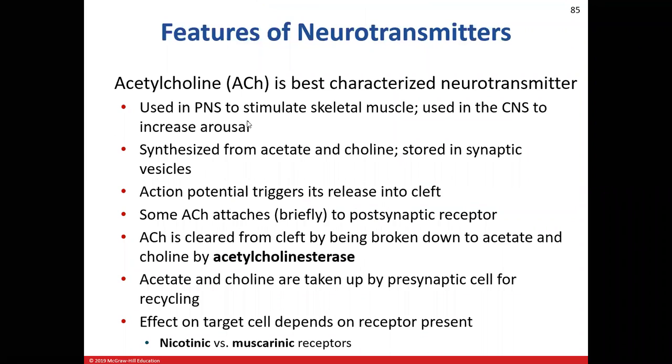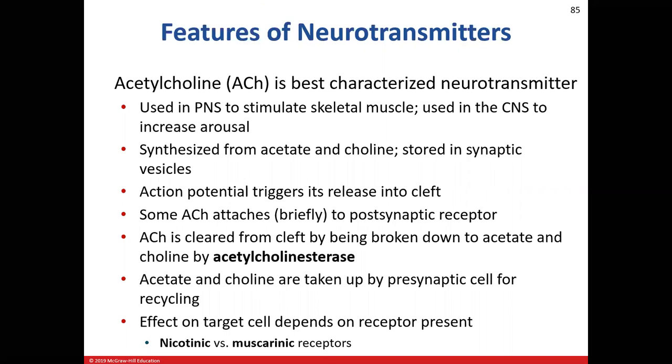Again, we said we'd talk about acetylcholine a little bit more in depth, and it is the best characterized neurotransmitter. Again, we talk about it with muscle contraction. We also talk about it when we get into the CNS. So in the PNS, the peripheral nervous system, it's used to stimulate skeletal muscle. In the CNS, it's actually used to increase arousal and awareness.